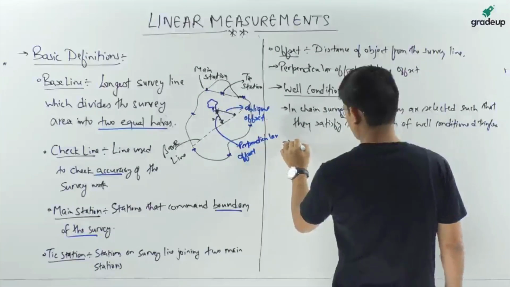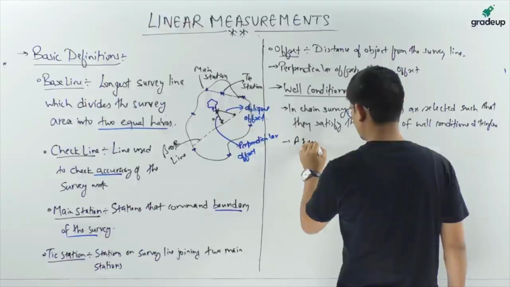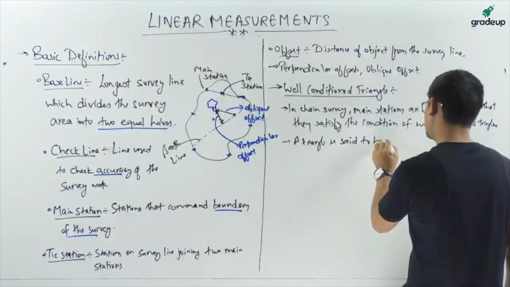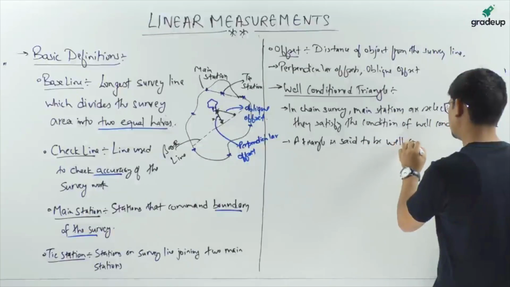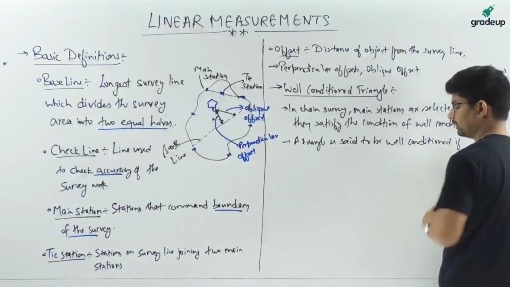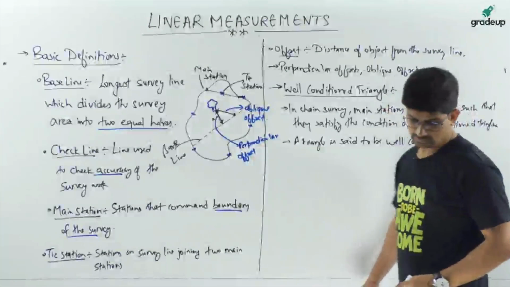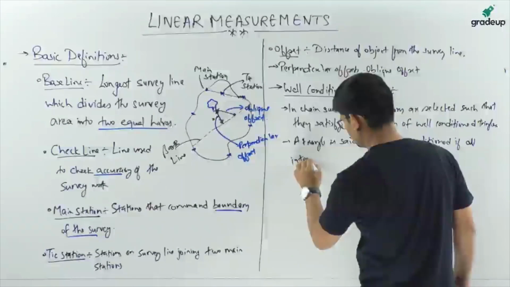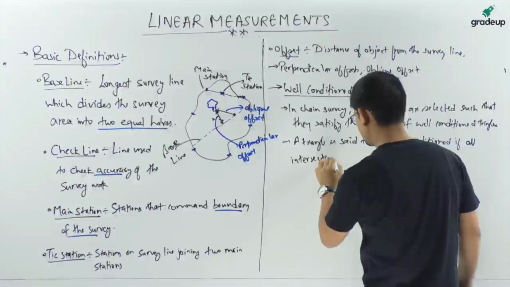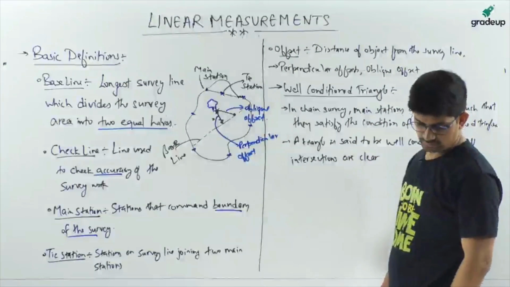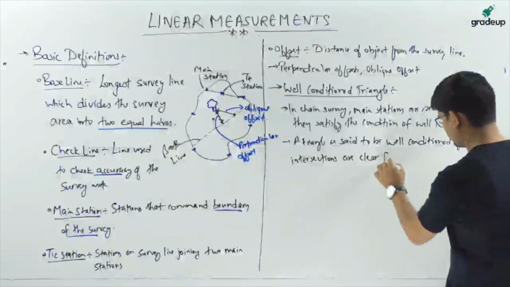So a triangle is said to be well conditioned if all intersections are clear for plotting position.